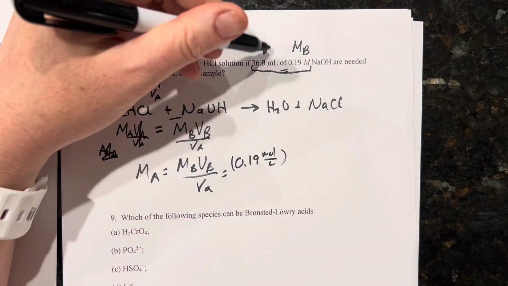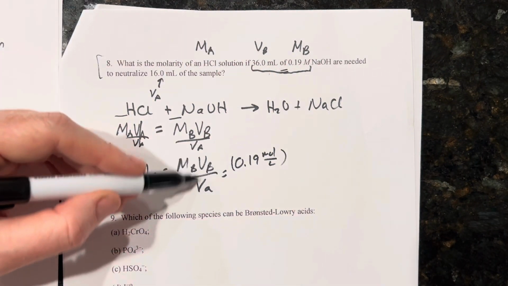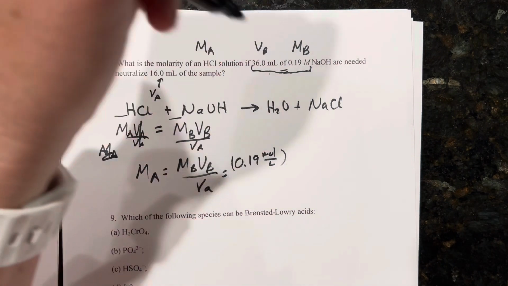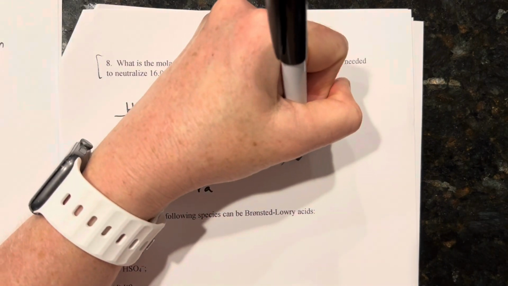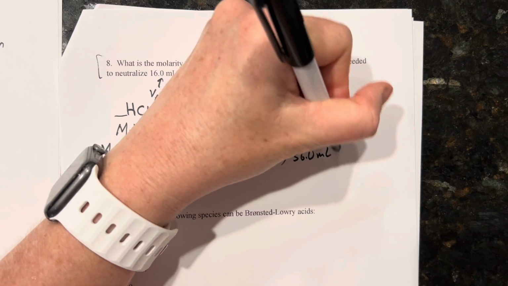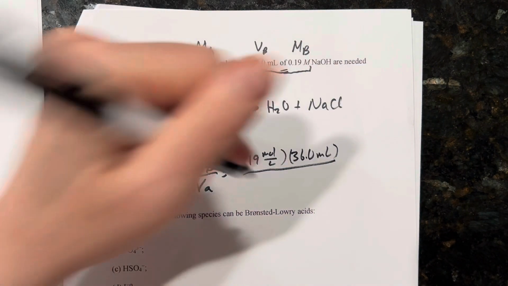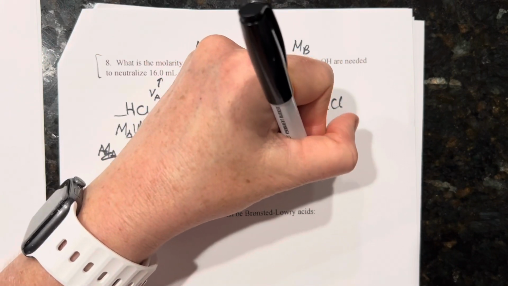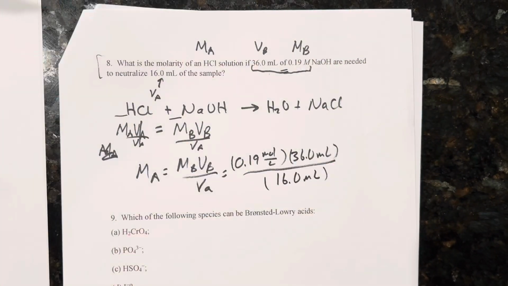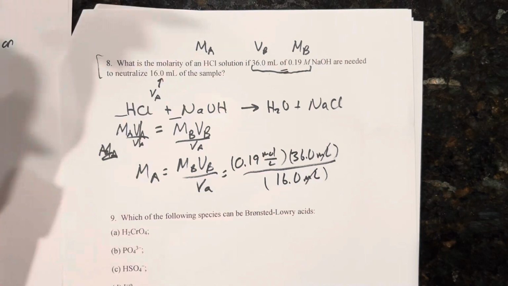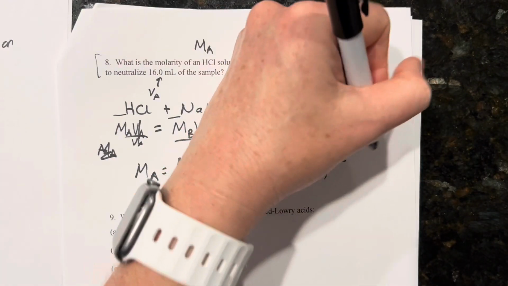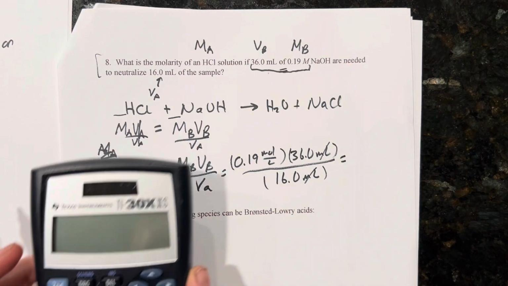Our VB, because our volumes are going to cancel, we can use the same units. We can use milliliters. Our VB is 36.0 milliliters all over our V sub A, which was 16.0 milliliters. What I mean by the cancel, we take milliliters and divide by milliliters, they go away. All we're left with is mole per liter, and that's good because that's what it was asking for.